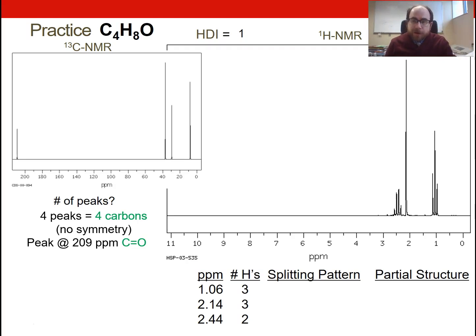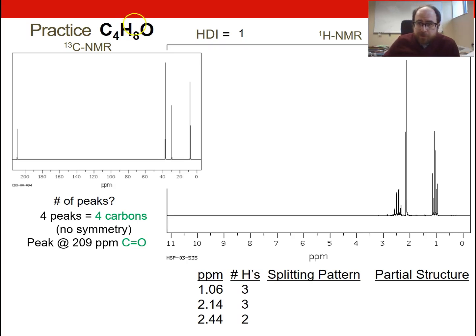The location of the carbonyl we can't necessarily tell directly from the carbon NMR, right? So I could have the carbonyl on the 1 carbon or the 2 carbon, in this case, those are my 2 possibilities. So if I take a look at my proton NMR, that can provide me additional information, and I can use that with the carbon NMR to solve for the unknown.